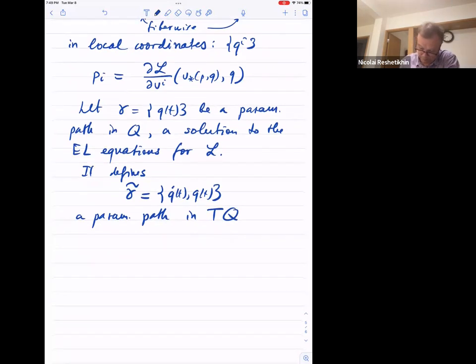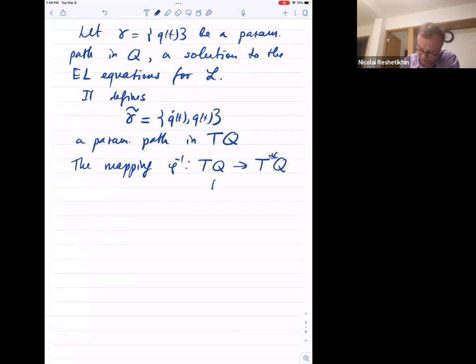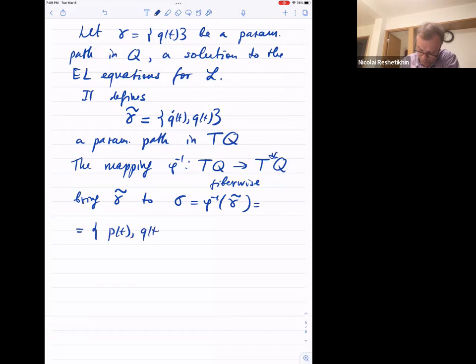And the mapping phi inverse, which maps fiberwise the tangent bundle to the cotangent bundle, brings gamma tilde to sigma, phi inverse of gamma tilde, a parameterized path in the cotangent bundle.